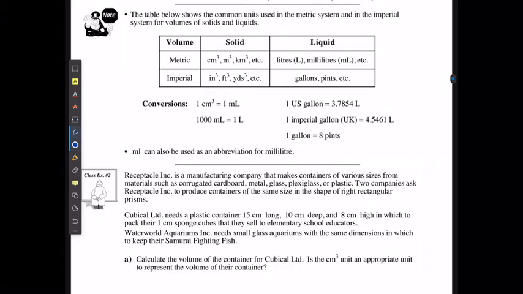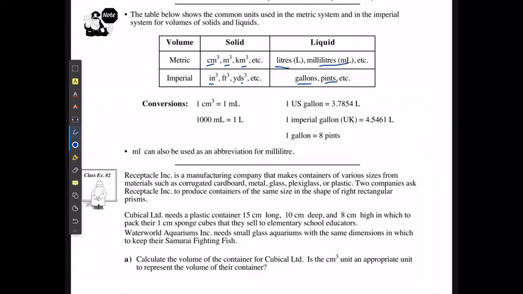The table on this page shows the common units used. If I'm doing metric, the solid shapes are going to be centimeters cubed, meters cubed, kilometers cubed. The liquids are going to be in liters or milliliters. If I'm doing imperial, it would be inches cubed, feet cubed, yards cubed, and the liquid is going to be in gallons and pints and ounces and so on.